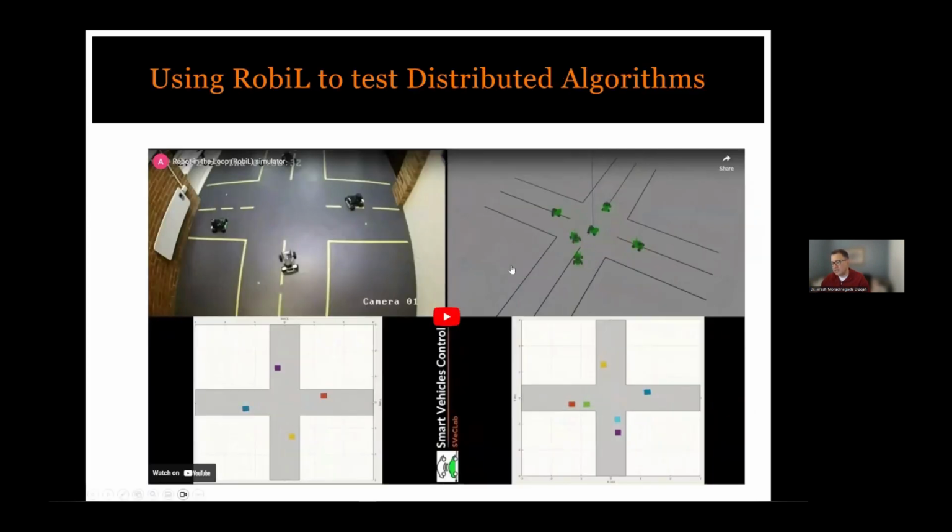This video shows the results, and this is a video of that algorithm for crossing the intersection that I explained before. The bottom ones are the results generated by MATLAB, and the top ones are generated by ROBIL, one in the top left using the real robot, top right using the digital twin of it.